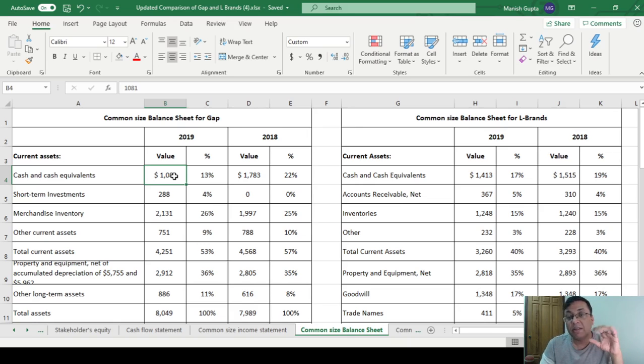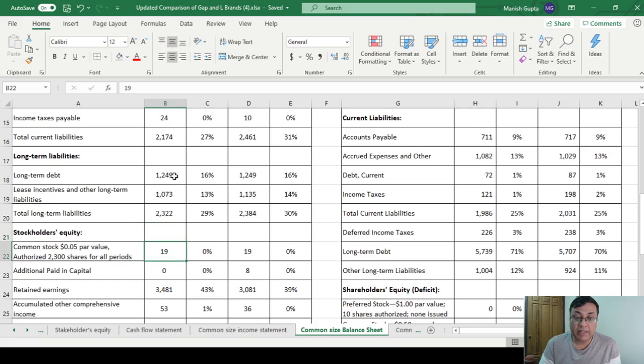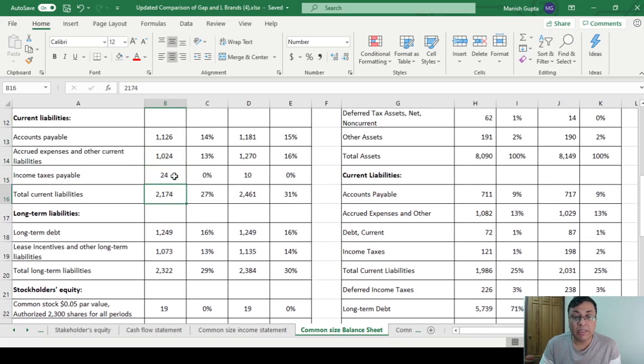What will happen is that immediately after the balance sheet date, normally in the first or second month, they return the loans because nobody wants to incur the interest. So there will be a significant decrease in the cash and long-term debt immediately, and also in the current liabilities, because the bank loan is repaid.